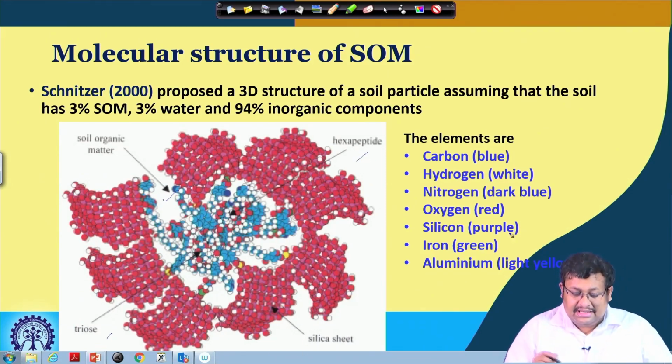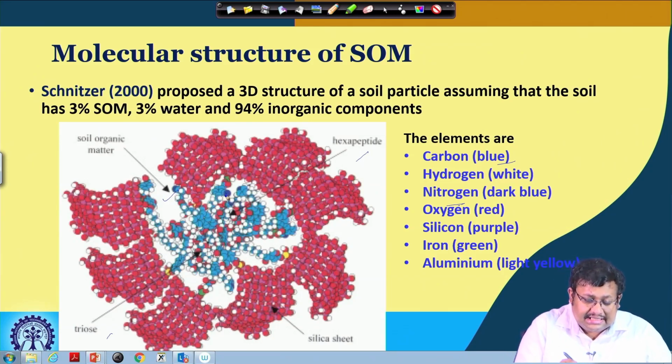So, the basic elements he has proposed are carbon, which is denoted by blue circles, then hydrogens are denoted by these white circles, then nitrogens are shown by these dark blue circles.